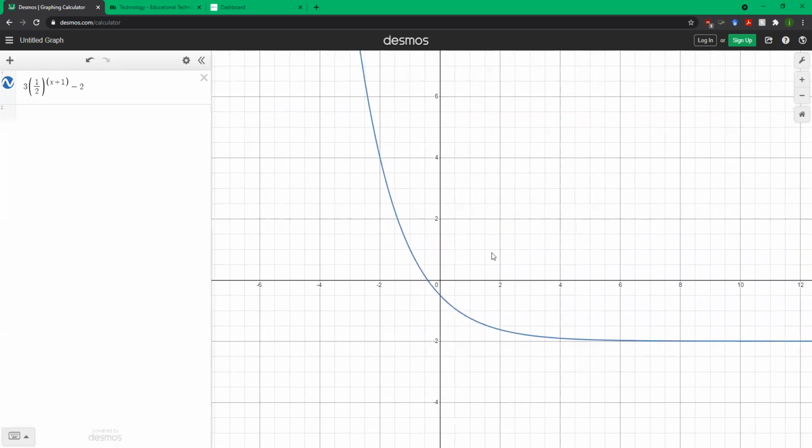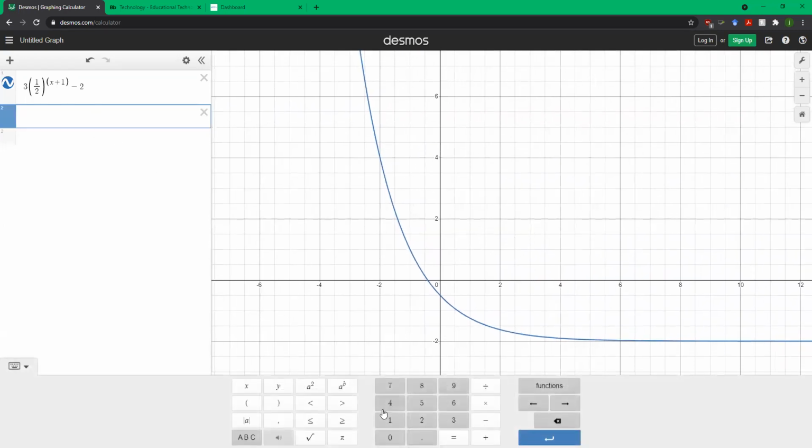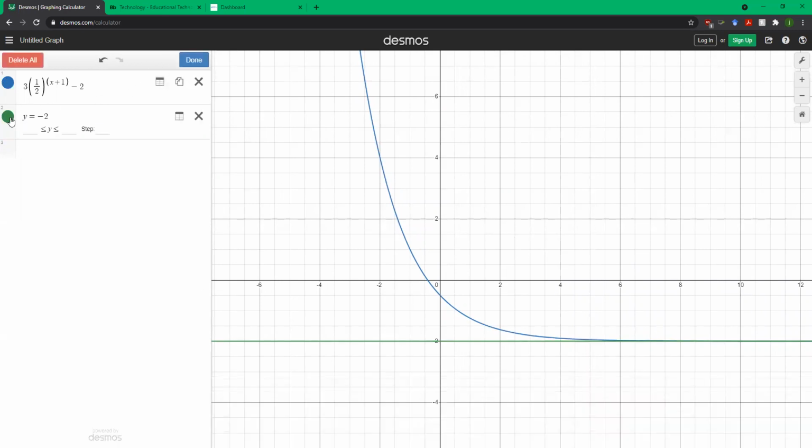All right, here's our graph, and then I can quickly graph this horizontal asymptote y is equal to -2. And I can make this dotted. Cool, so there's our graph. And so here are our intercepts. We have a nice y-intercept at 0, -0.5, and then an x-intercept at -0.415, 0.